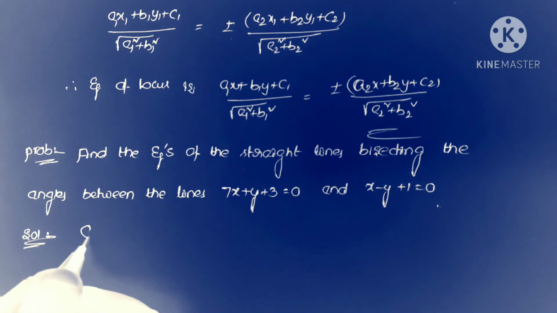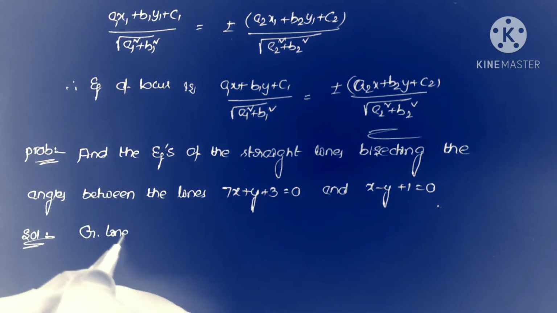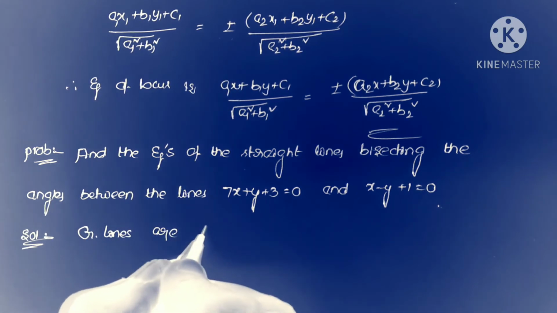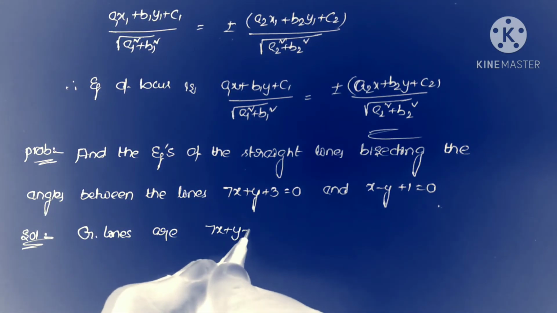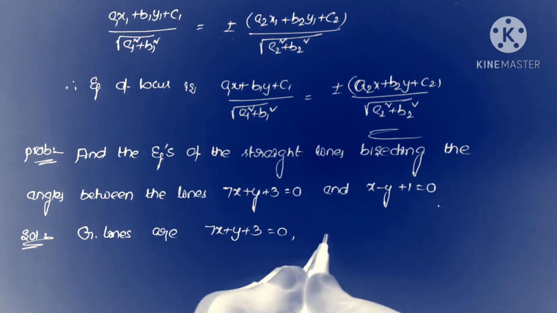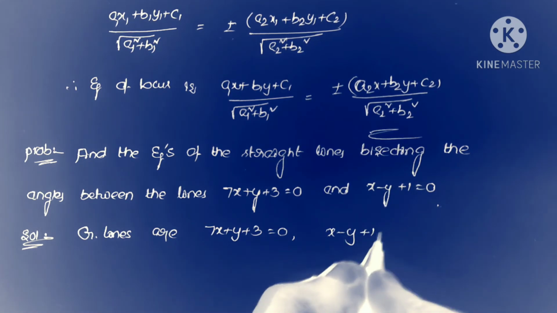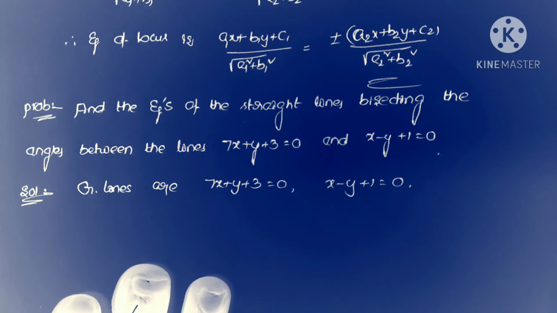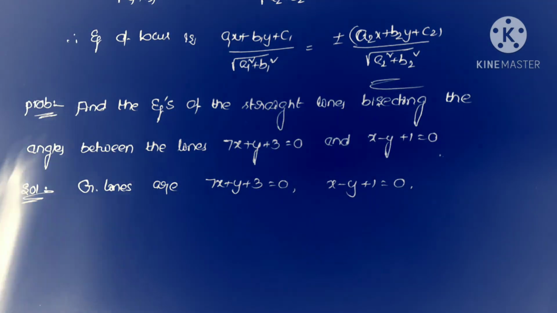So first we take the given lines here. Given lines are 7x + y + 3 = 0 and x - y + 1 = 0. Now next, taking the formula for angular bisectors. This is the formula for angular bisectors.